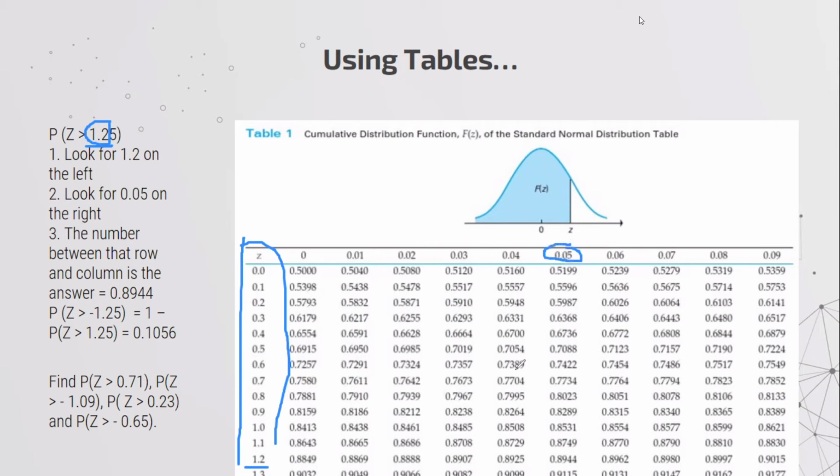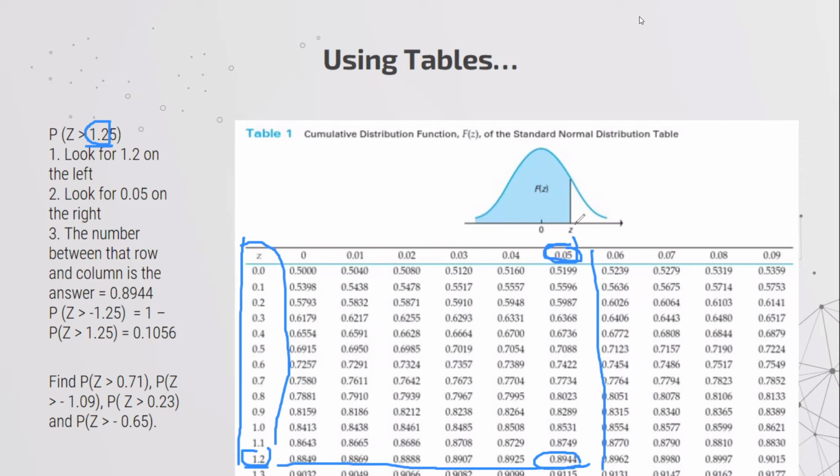So we need to find the number that corresponds to that column and that row. We just take a quick line here and then a quick line here, and it becomes obvious that that's the area that corresponds to this part here.